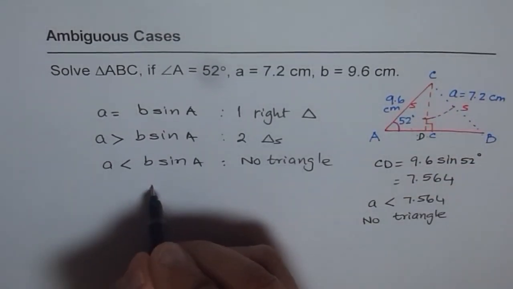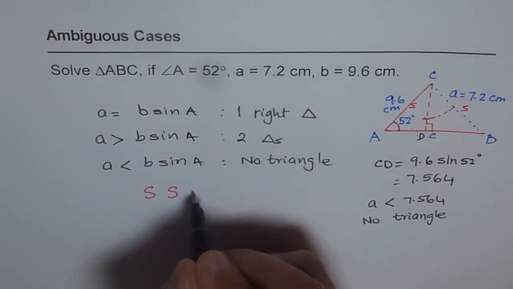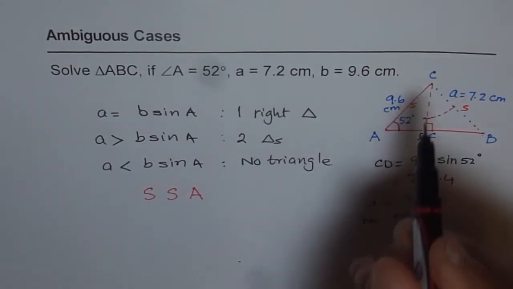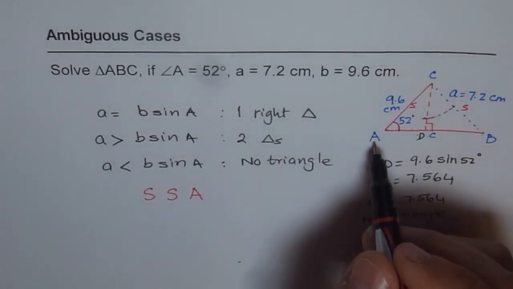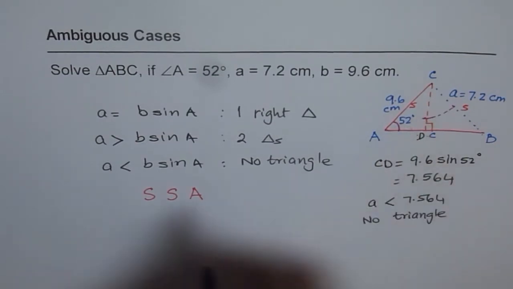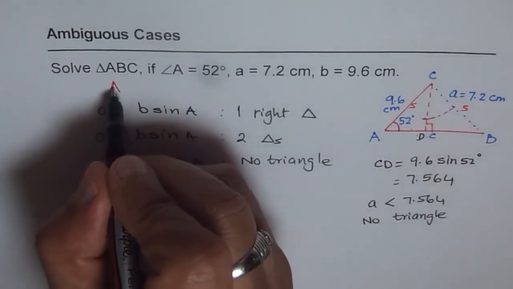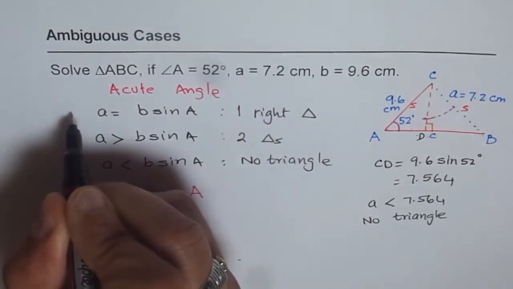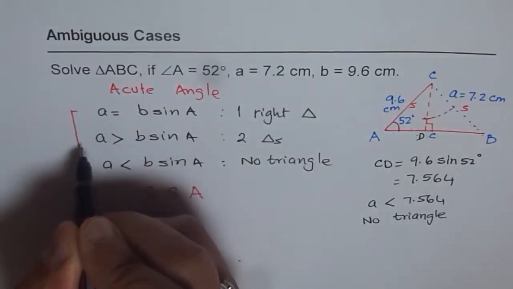That is the only case when we should be considering an ambiguous case. In this case, the angle given is an acute angle, and for an acute angle we have these three conditions possible.